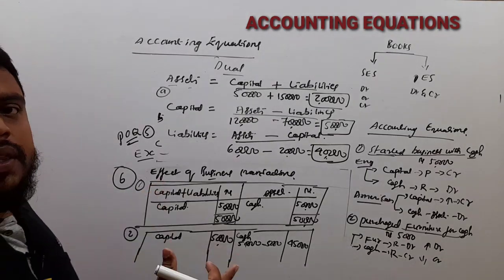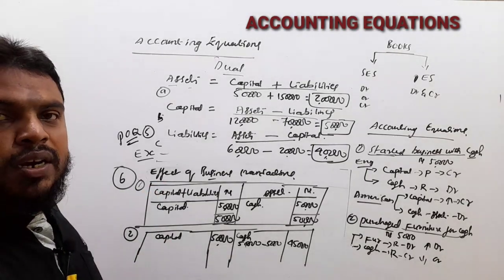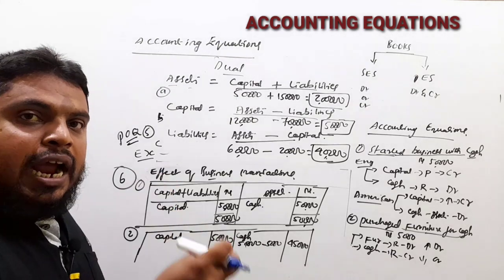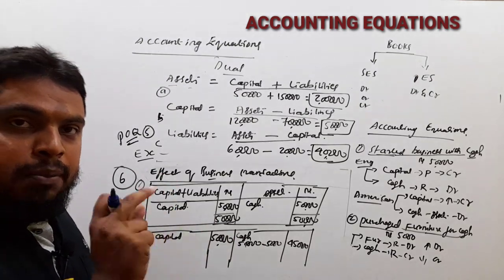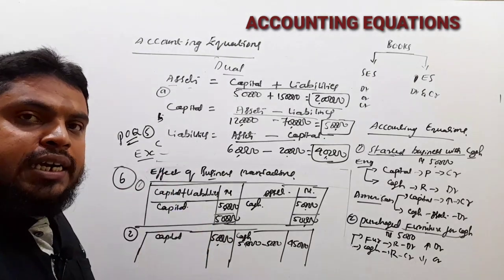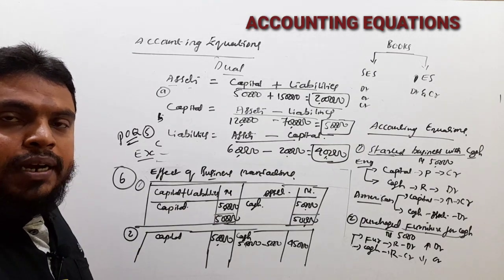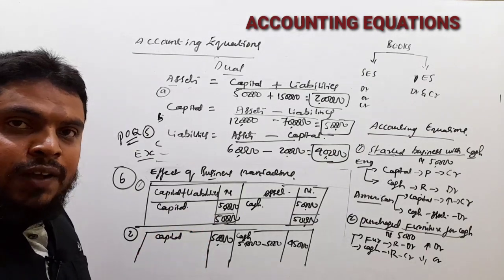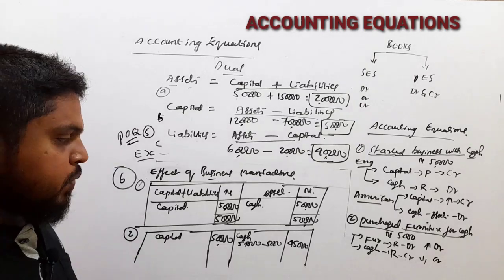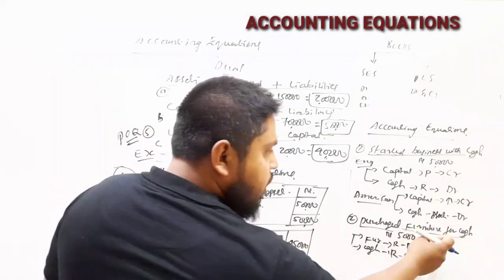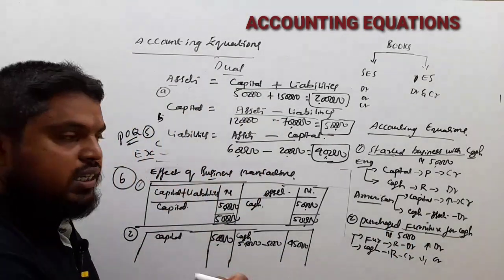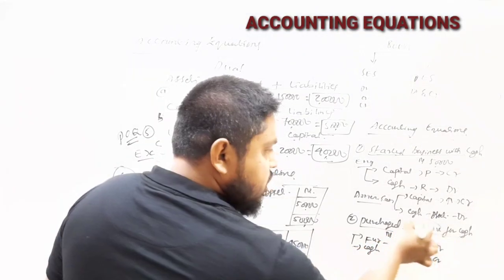So both the aspects of the transaction are recorded. It means debit and credit. Debit equal to credit and credit equal to debit. That is, assets equal to liabilities and liabilities equal to assets. Purchased furniture for cash. So furniture is one of the assets here.